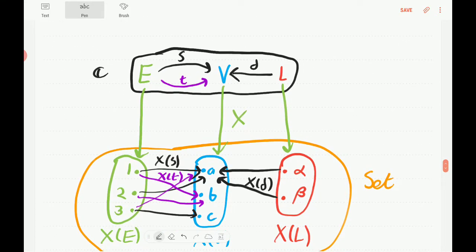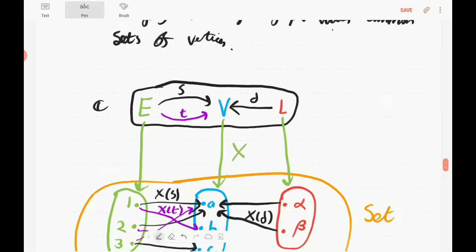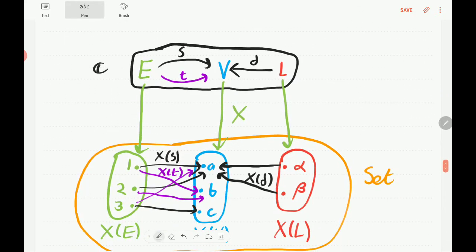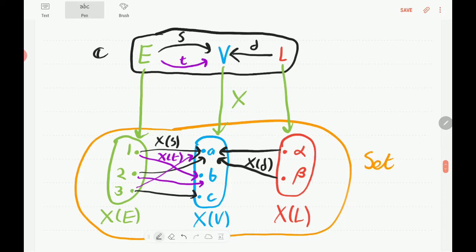Again, we can ask ourselves this simple question: what does a functor from C to set look like? And we can make pictures of it.